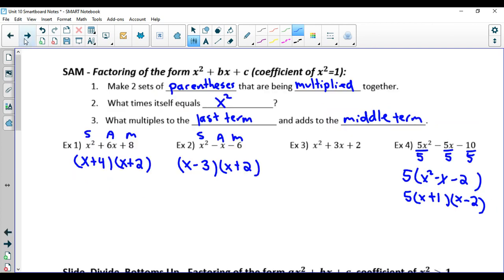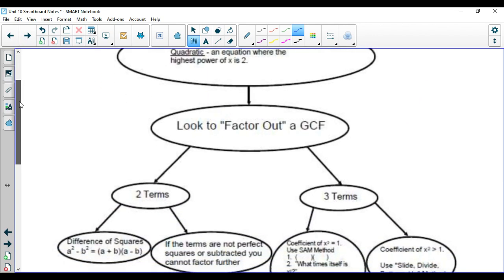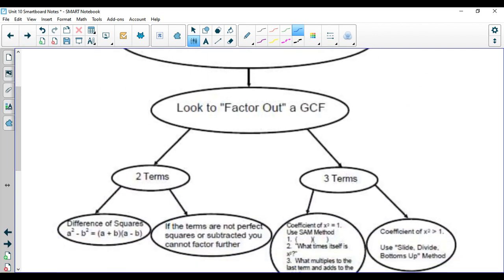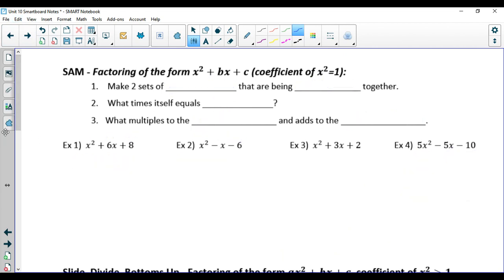Page 2. So, again, if we look at our flow chart, we made it to factor out the GCF. There were two terms. We saw a difference of squares option. Sometimes it's not factorable at all any further, and that's okay. And now we're going to start looking on this three-term side. So we spent a lot of time on SAM factoring, and we SAM factored last chapter, so that should be familiar to us.